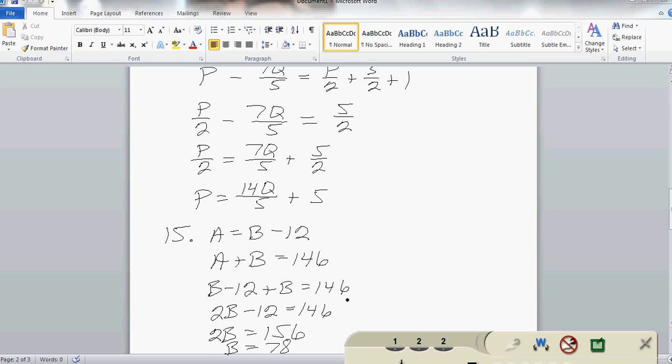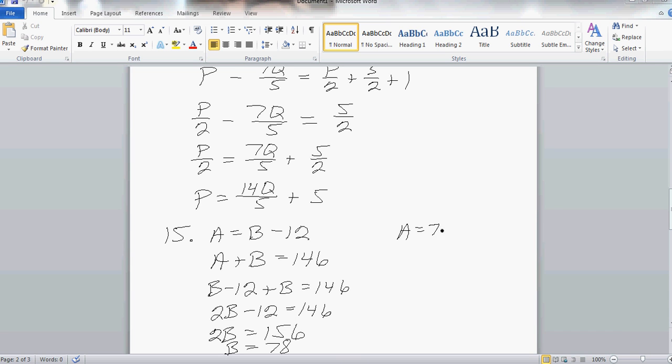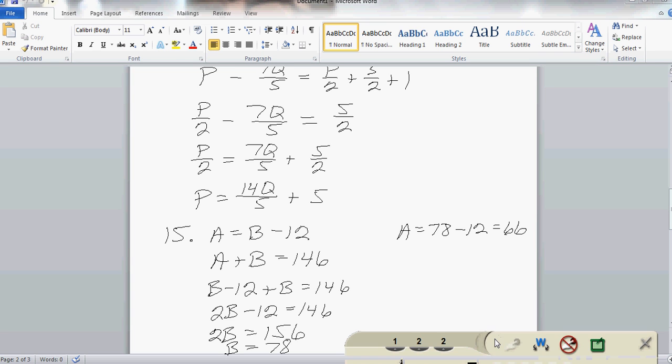Now, unfortunately, that does not answer the question. We want to know how many points did A score. Well, come back up here. If B scored 78, then A is going to take whatever B scored and subtract 12 from it, and we get 66. Realize that it does make sense to actually verify that this does make sense. Did they score a total of 146 points? 78 and 66?